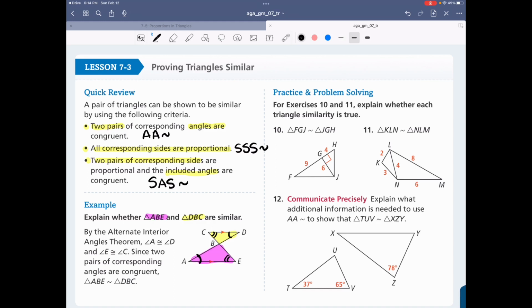And since two pairs of corresponding angles are congruent, which is shown, then the triangles are similar. Triangle ABE is similar to triangle DBC. And they want us to show if the triangles in these exercises are similar.